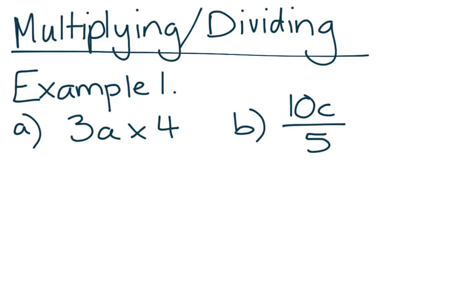So all that is asking us to do is 4 groups of 3a. If we've got 4 groups of 3a, we're just saying we have 12 groups of a. All we do is multiply those coefficients. So the big numbers is what we're multiplying here.